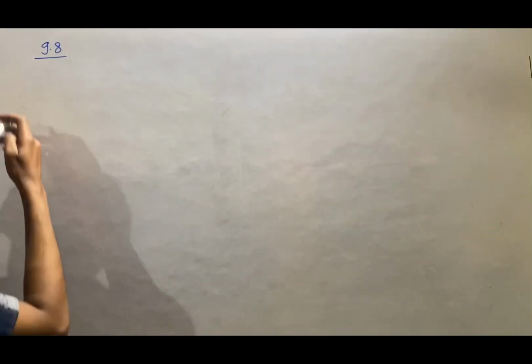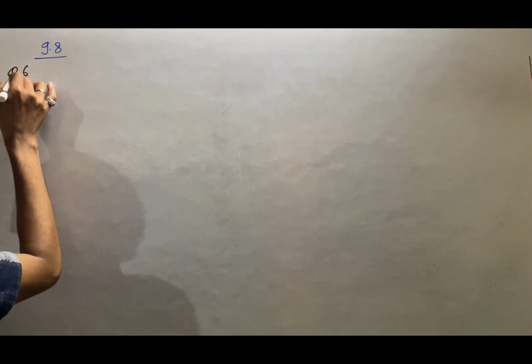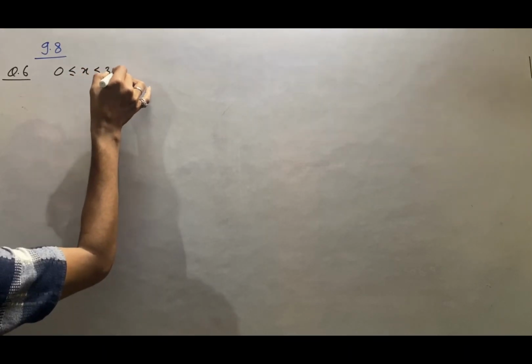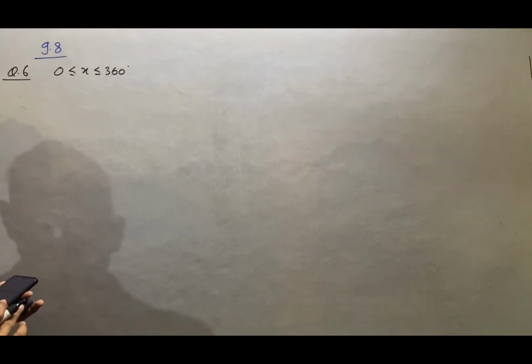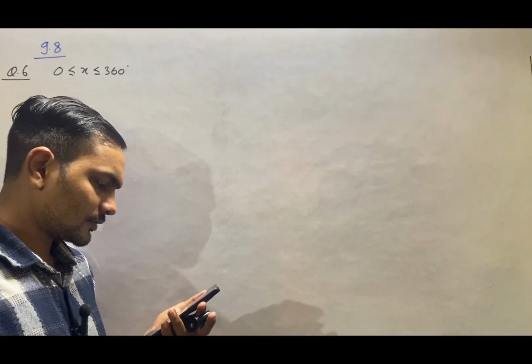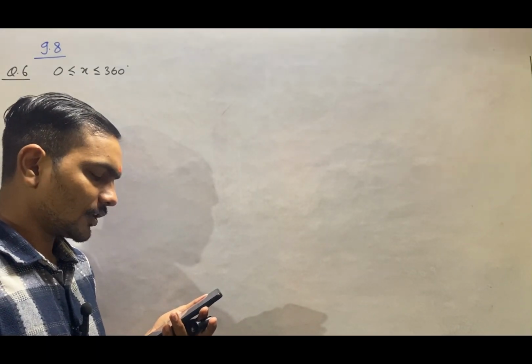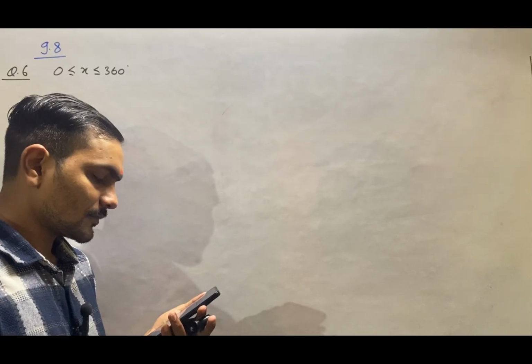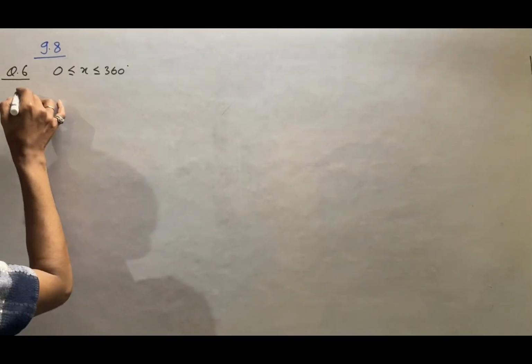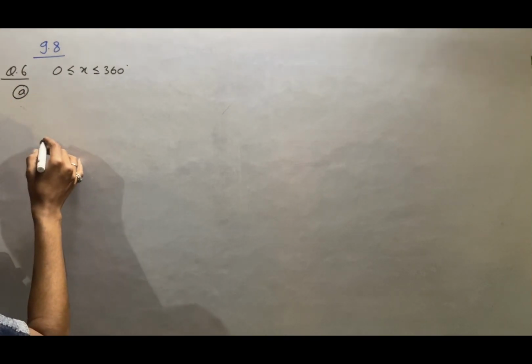Now, in question number 6, solve each of the following. Again, the range is 0 less than or equal to x less than or equal to 360. Here we have an equation in quadratic form. Let's do the first part first, then think about the rest of the questions.